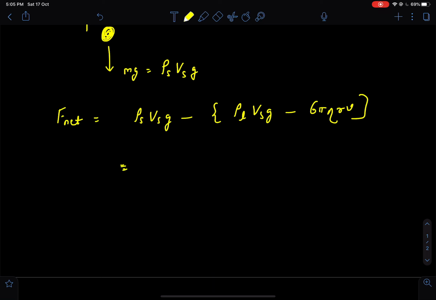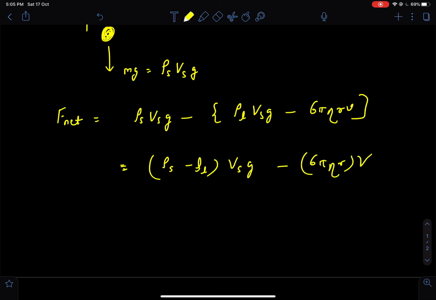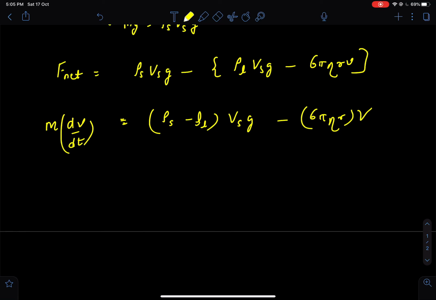So you can write this as (rho s minus rho l) V s g minus 6 pi eta r v, and that is the net force. This net force is in the downward direction, so it equals mass multiplied by downward acceleration.